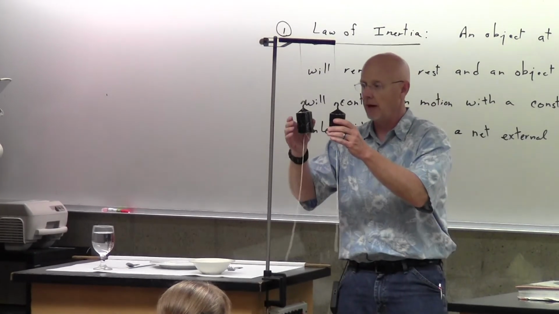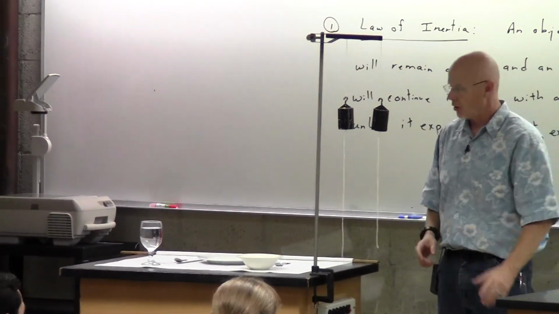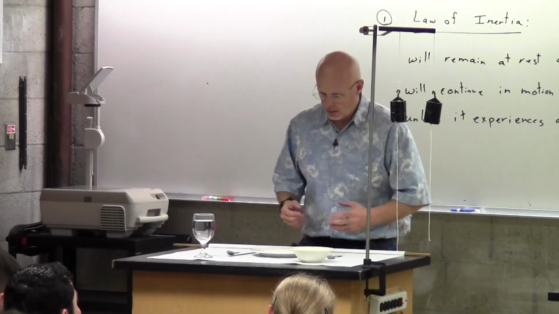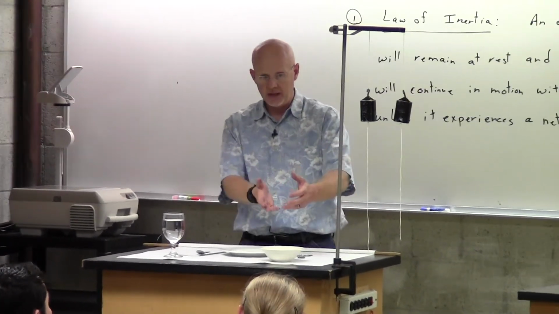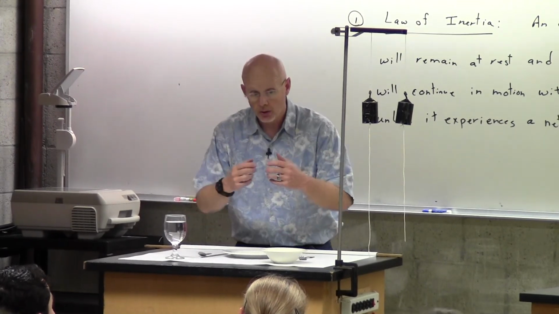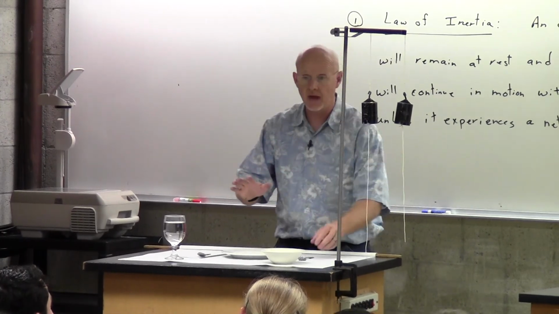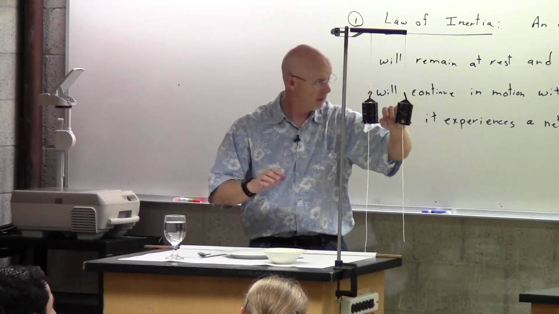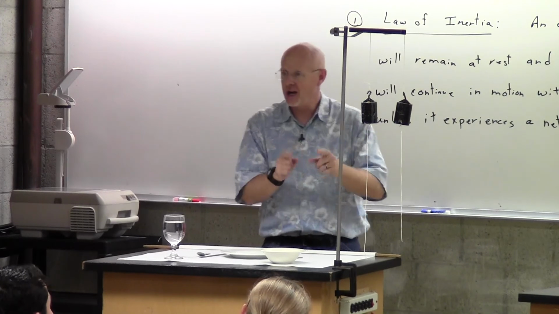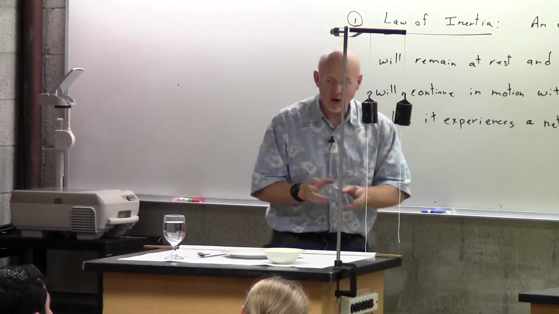And those of you who had 102 here probably saw all of these. So I'll go quickly. But aren't all these table pieces at rest? And so they want to stay at rest. Now, doesn't mean they have to stay at rest. They could move. But in order to get it to move, what did I do? I had to give it a force.